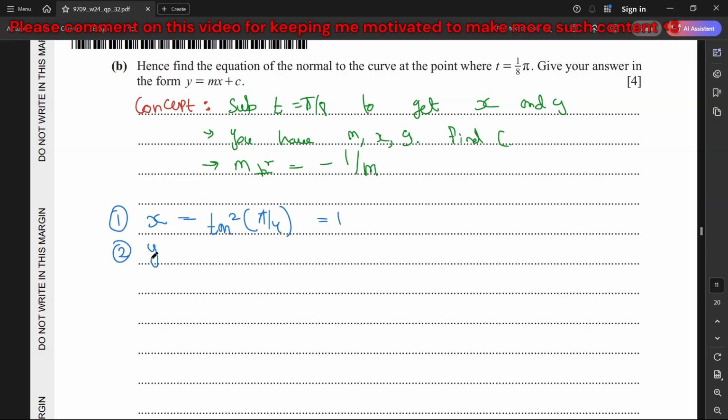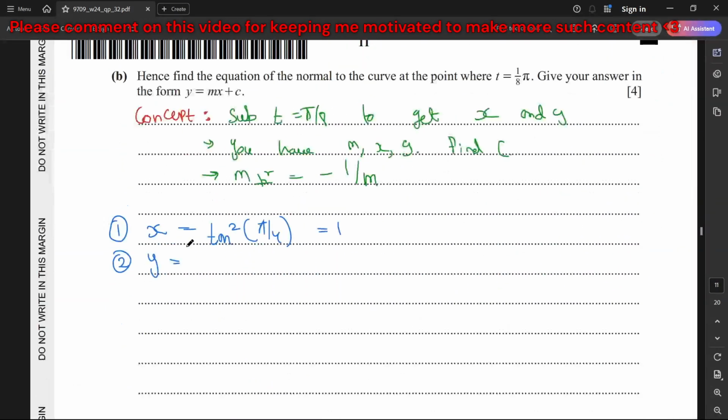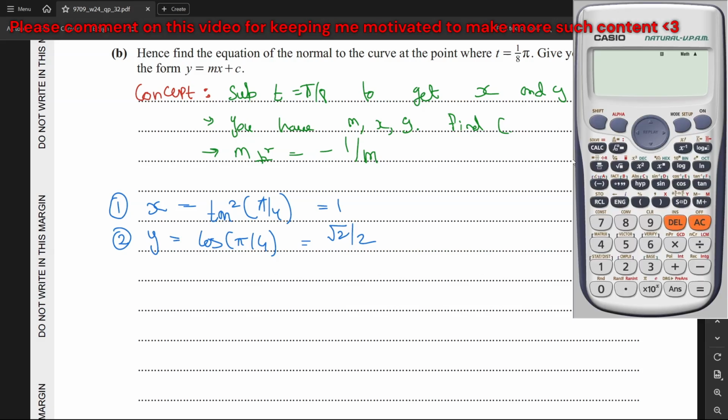And then y is equal to, I guess, cos 2t? Yes, cos 2t. So cos of pi by 4. Cos 45 is root 2 by 2, if I'm not wrong. I'll just cross check it. So yeah, cos of pi by 4 is coming out to be root 2 by 2. Great.